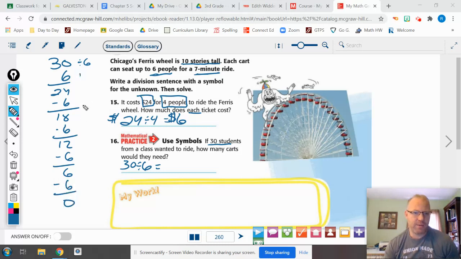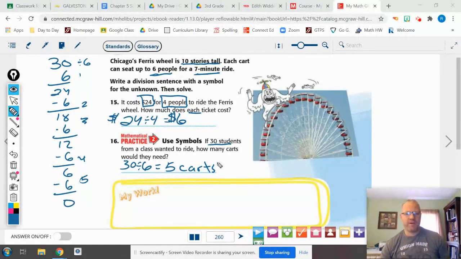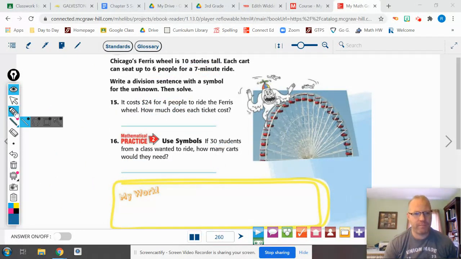How many 6s? 1, 2, 3, 4, 5. 5 carts. They need 5 carts to seat their whole class. If you need these notes, pause the video.